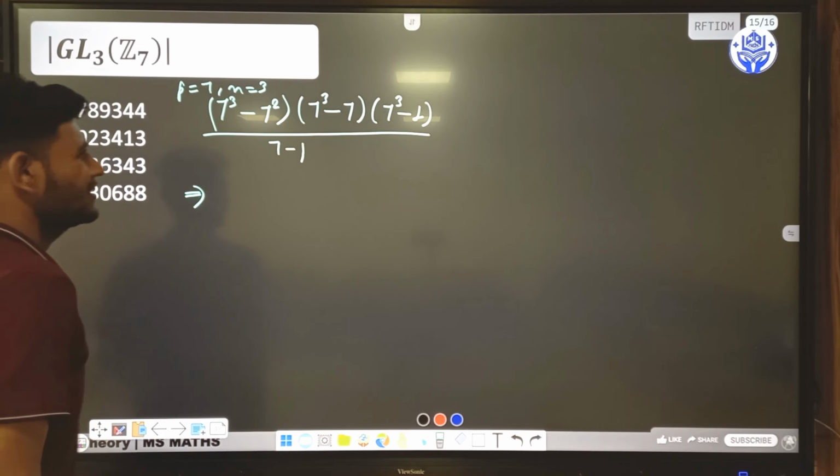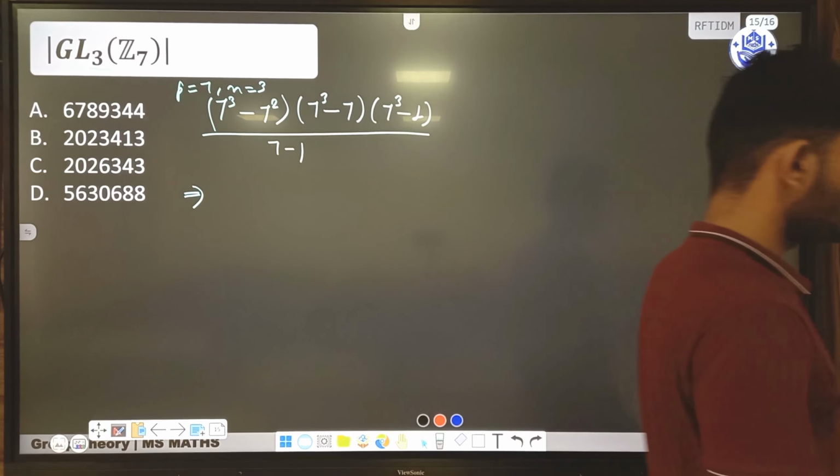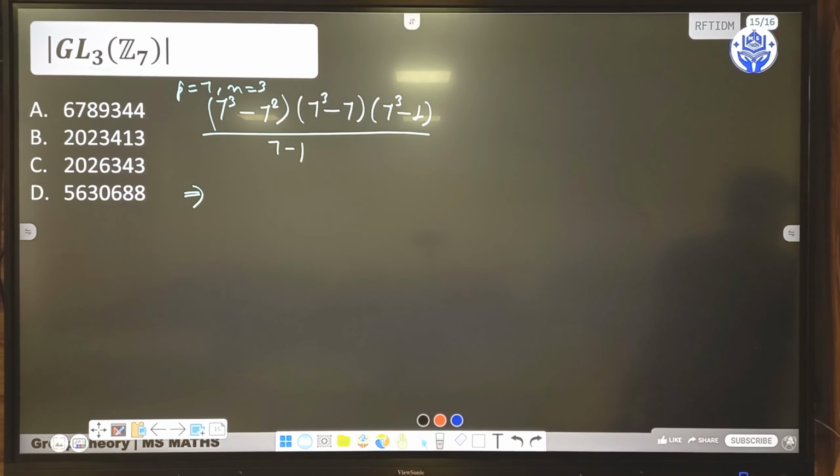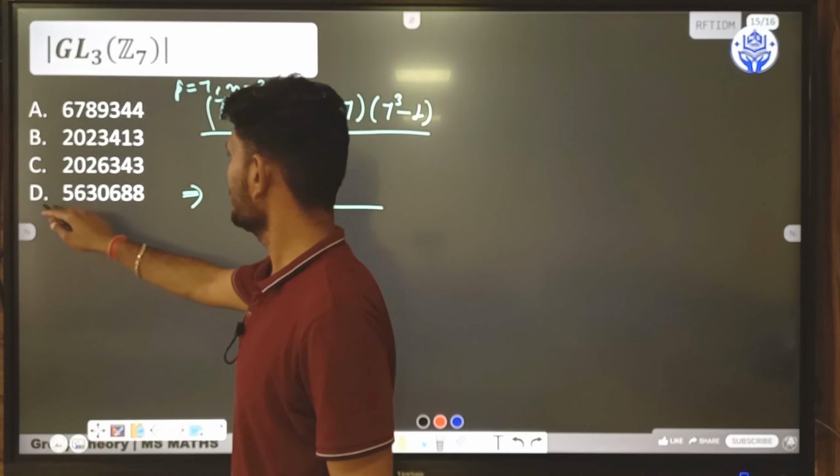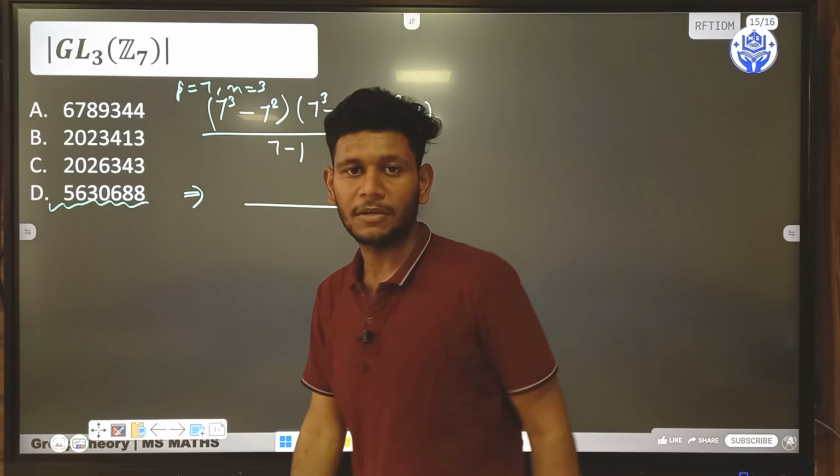That you can easily calculate. I have not calculated it, you can calculate it and get the answer for this particular question.